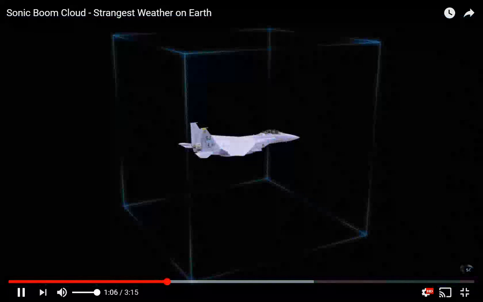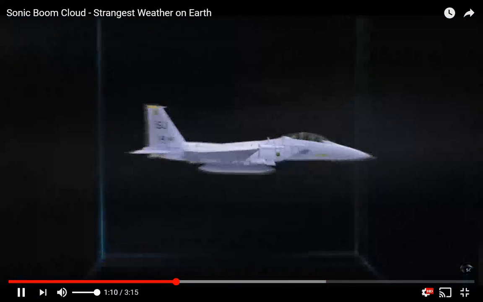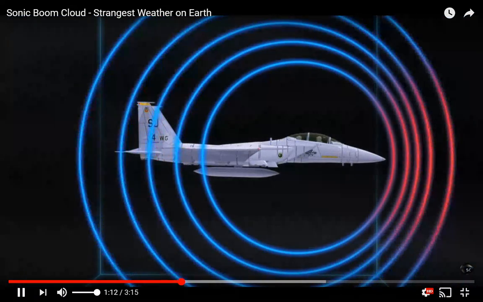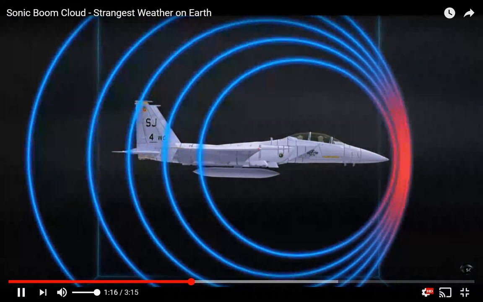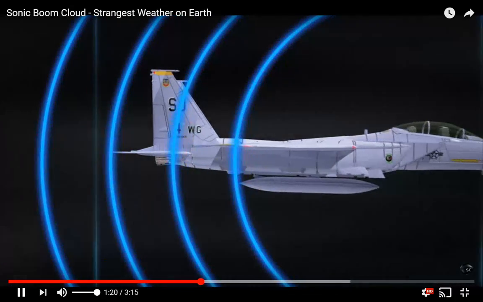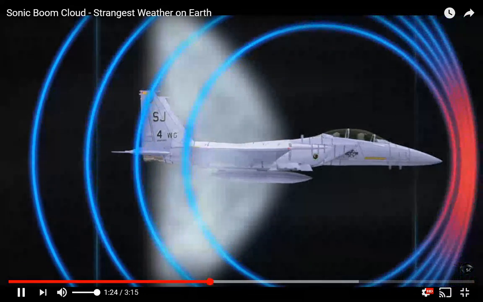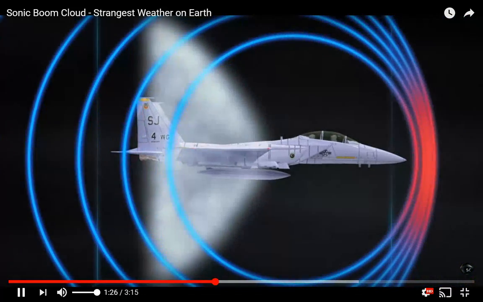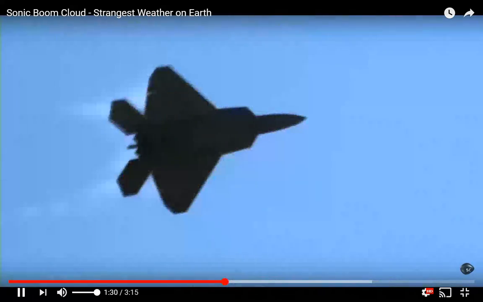As the plane's hurtling along and getting faster and faster, the air ahead of the wing is all becoming really compressed, but behind it is all stretching out, and that allows the pressure here to drop. That allows the air to expand, and as it expands, it cools. And that cooling allows the water vapor to condense, and that's why the cloud forms.